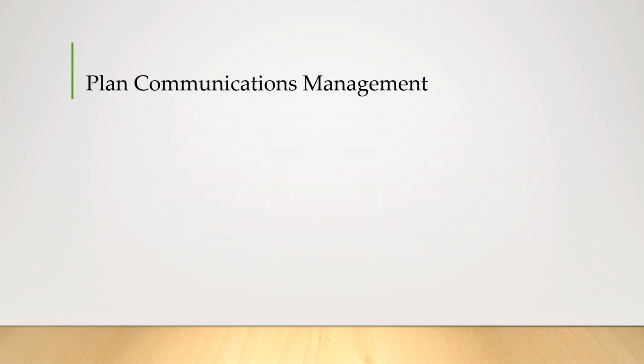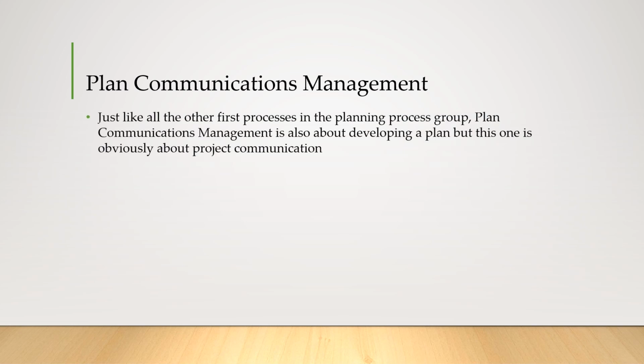So let me introduce this process to you. Now, if you see the PGKA mapping, you'll realize that across all knowledge areas, the first process of the planning process group typically talks about putting a plan together. For example, in the scope management knowledge area, the first process of the planning process group is going to be plan scope management.